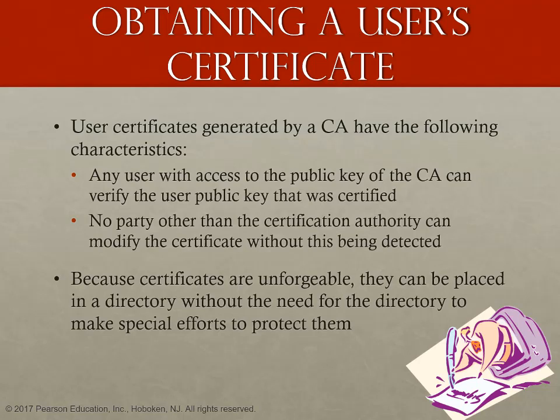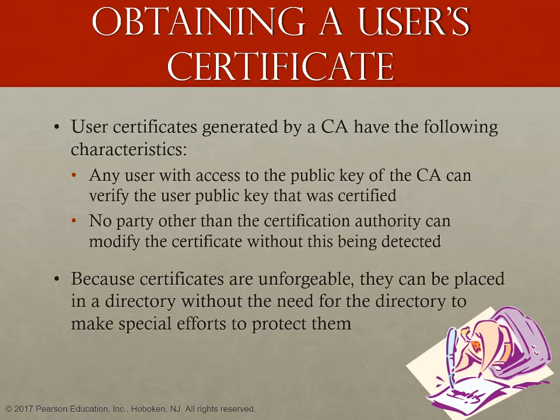Because certificates are unforgeable, they can be placed in a directory without the need for the directory to make special efforts to protect them. If all users subscribe to the same CA, then there is a common trust of that CA. All user certificates can be placed in the directory for access by all users.